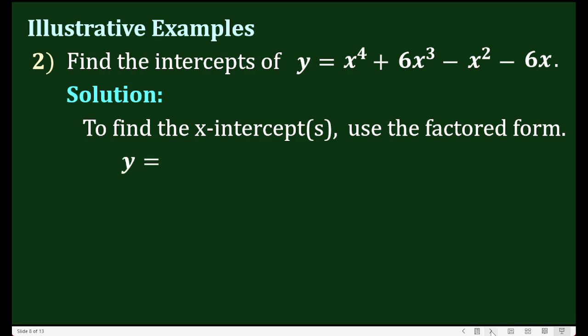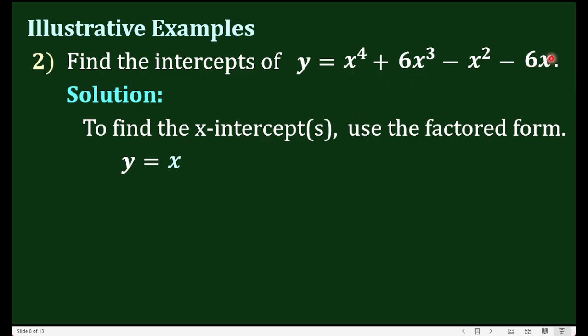But first, before we proceed to the synthetic division, we must take note of this polynomial part. There is no constant term, but if you observe each of these 4 terms, there is a common factor of x. So we factor out x from each of these terms.